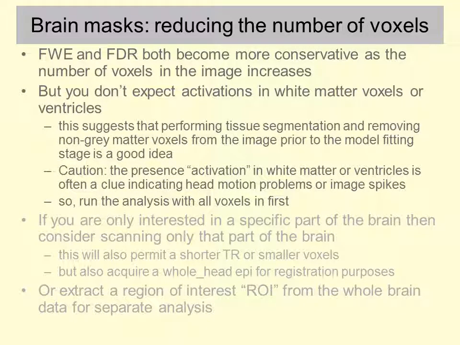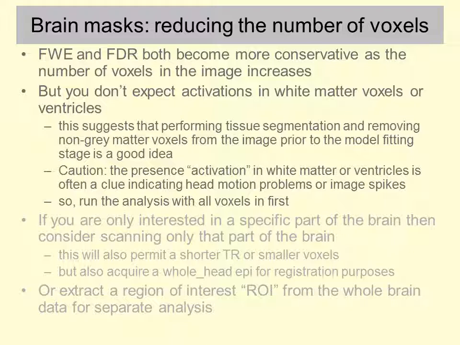So if you want to remove white matter and ventricles, you first perform a segmentation on your high-resolution anatomical image, and with the functional data co-registered to that structural image, you're able to remove the non-grey matter voxels from the image prior to fitting your design matrix.